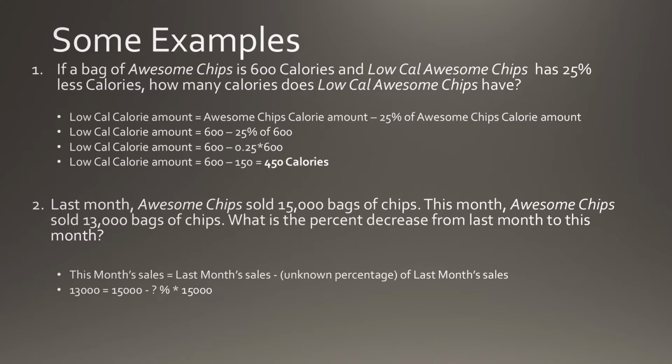Well, we have 13,000 equals 15,000 minus some percentage of 15,000. We can subtract that 15,000 from both sides, and we'll get negative 2,000 is equal to some percentage of 15,000. Don't worry about the negative, that just means that it's a decrease rather than an increase.